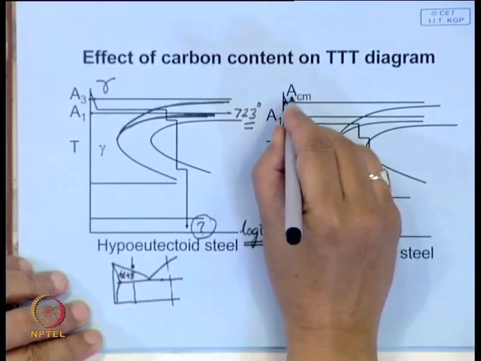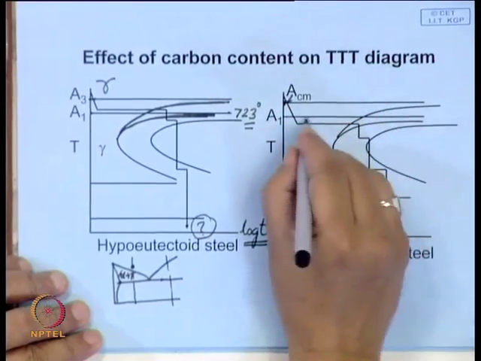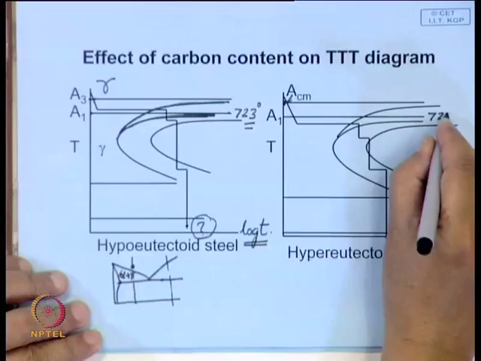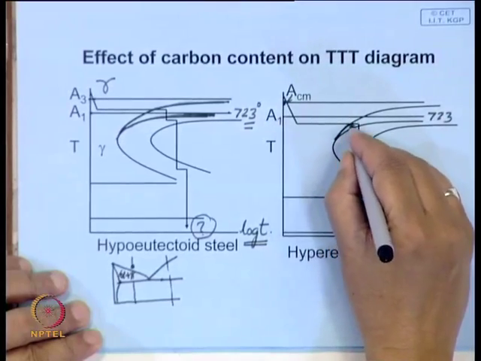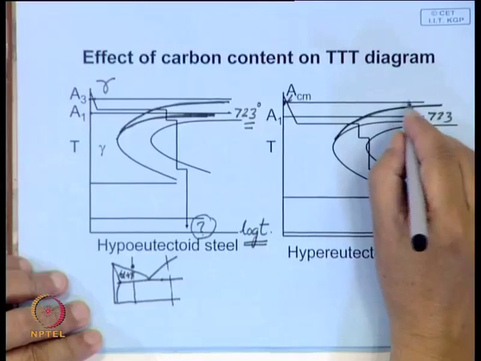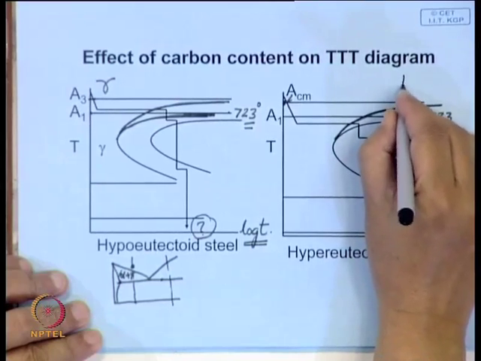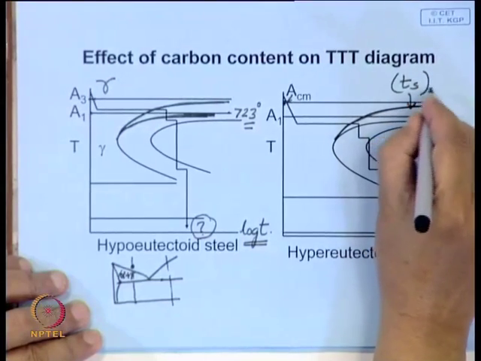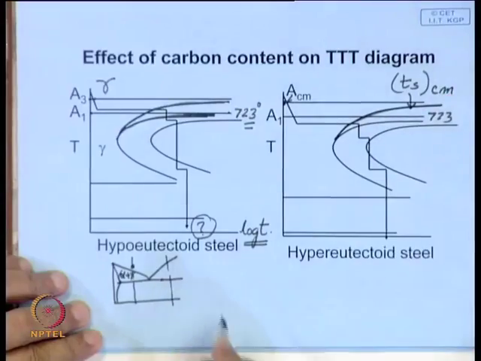In the case of a hypereutectoid steel, this critical temperature is known as ACM, and here also this is 723. This line represents initiation of cementite precipitation, the start for cementite.